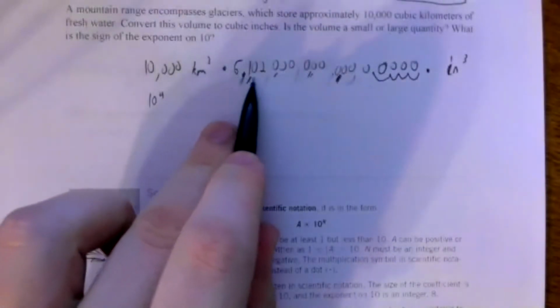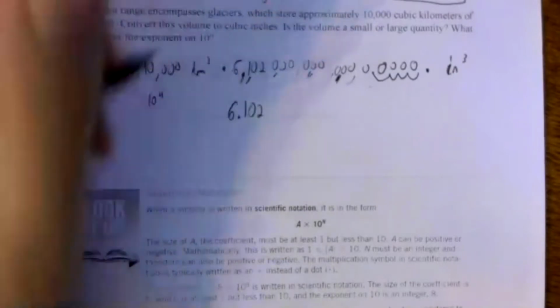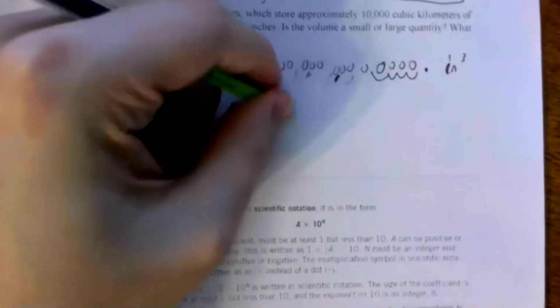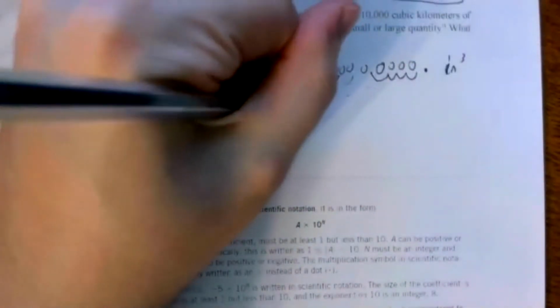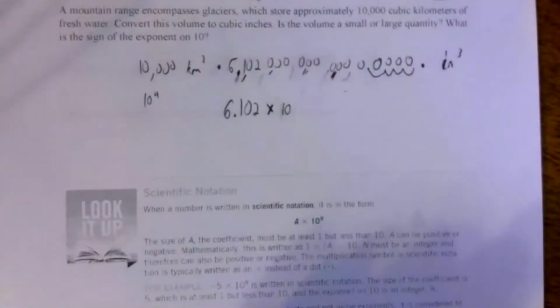So then I have 6.102, because this number is between 1 and 10. And then I can multiply this by 10 to some power. I know that I have a really big number, so I'm going to have a positive exponent.